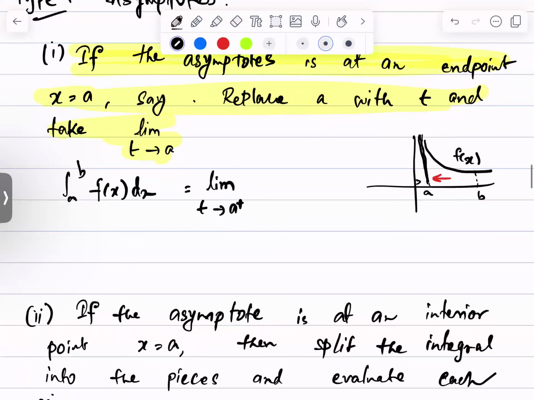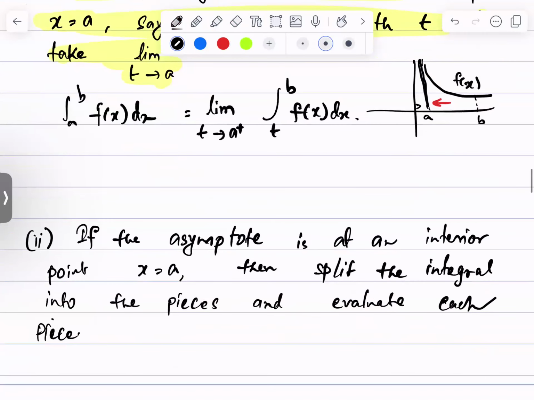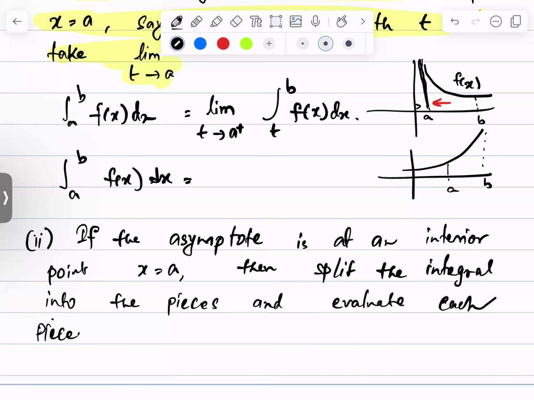Okay. So you should write limit t tends to A plus and then t to B f(x) dx, and then proceed with the integration. On the contrary, if you have something like this, say this is B, this is A, that means you have a vertical asymptote at B, then you should write that integration as limit t tends to B minus and then A to t f(x) dx.